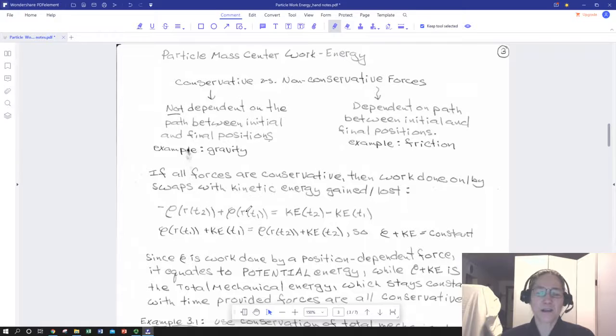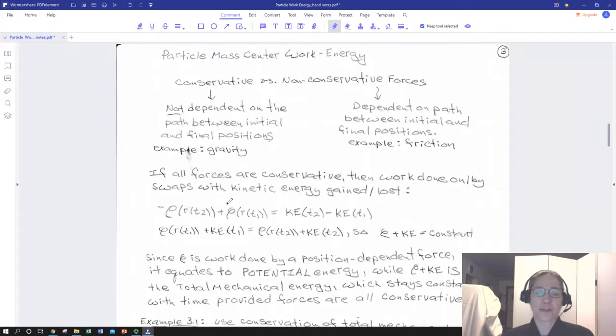So we can say all of our position-related forces, all of the work that they do, whether it's a constant force moving through a distance or a central force moving through a given radius with a given function, that's going to equal the change in kinetic energy of our body if we don't have any kind of non-conservative forces.